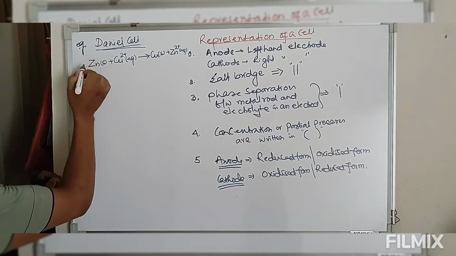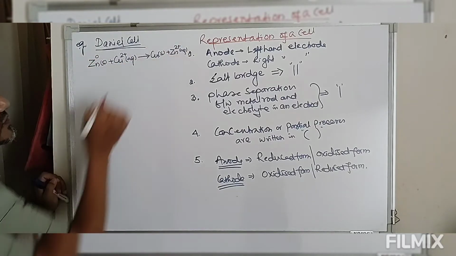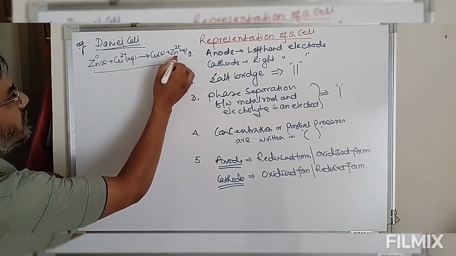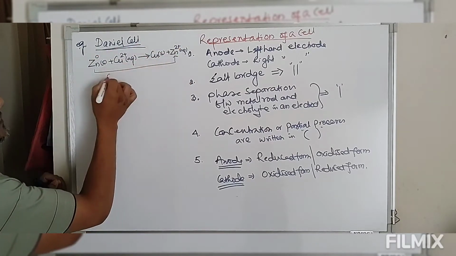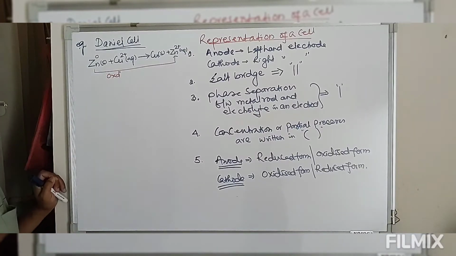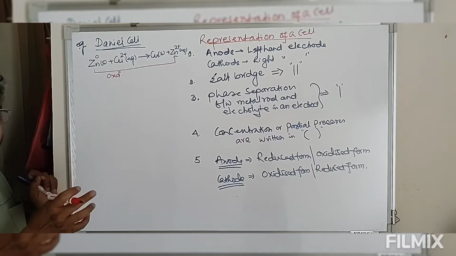Before the reaction, zinc was in 0 oxidation state. After the reaction, it changes to +2. So this zinc is changing from 0 to +2. We say this is oxidation. As I have mentioned earlier a number of times, anode is where oxidation reaction takes place.